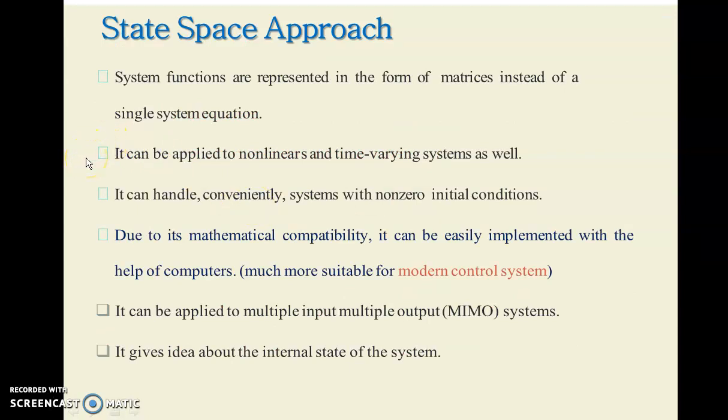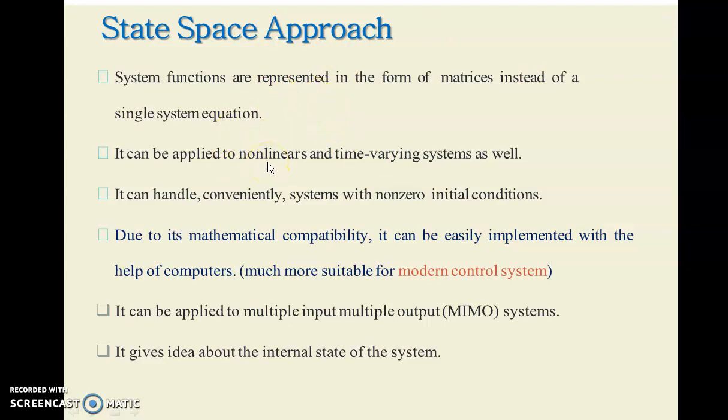Alright, obviously those drawbacks which are there with the conventional approach are overcome by the state space approach. In addition, the state space approach is represented in terms of matrices instead of a single system equation, and that's why it is very easy to implement with multiple input and multiple output systems.